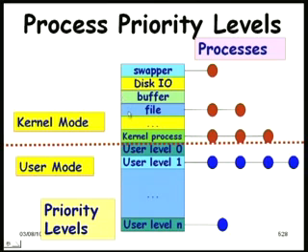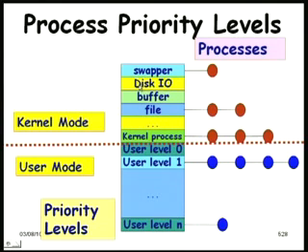And then in the kernel mode, there are also various priority levels. All kernel priorities are higher than the user priority. Just check here, there are two different bands. And then among the kernel also, there are various priorities. The kernel processes are possibly the lowest priority. And then we have file IO, buffer management, disk IO, and the swapper has the highest priority.